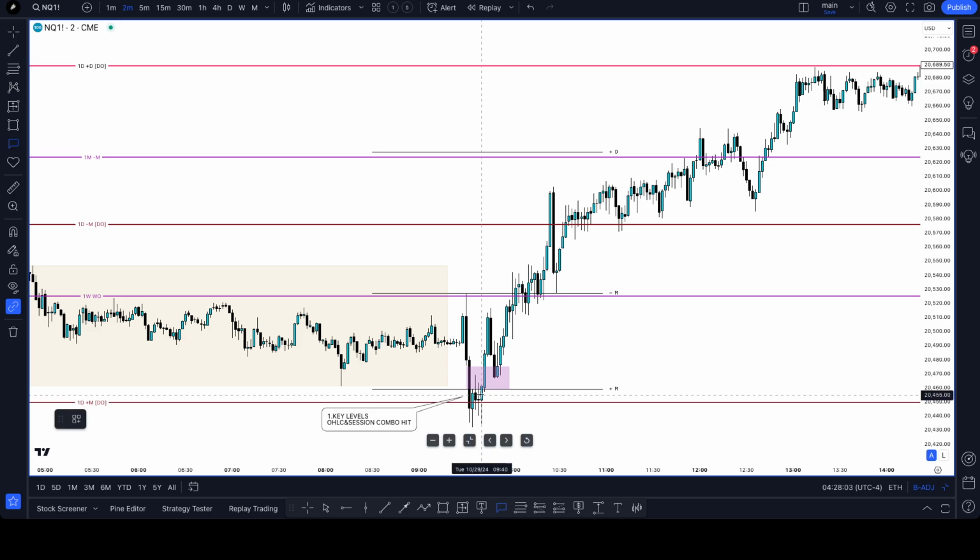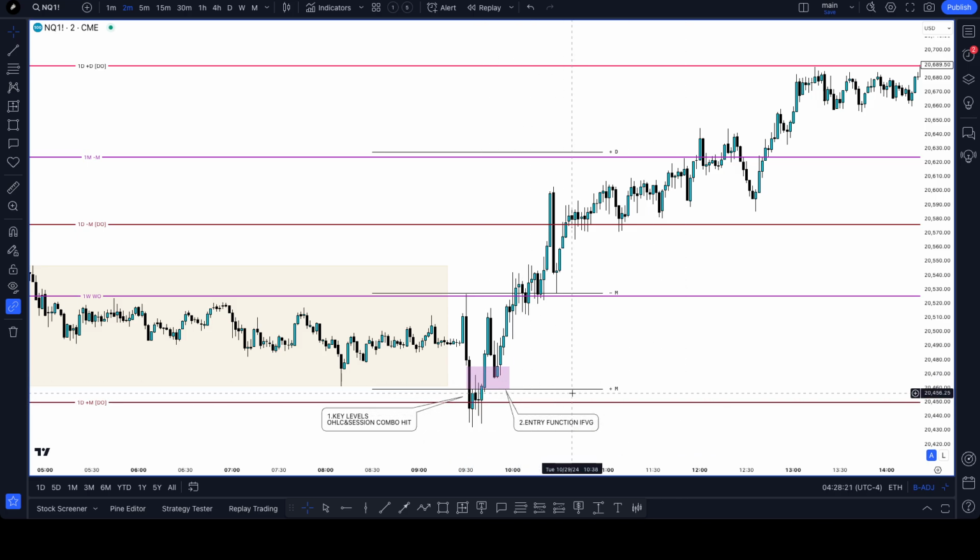We have an entry function right over here. IFVG, or let's put entry function inverse fair value gap.